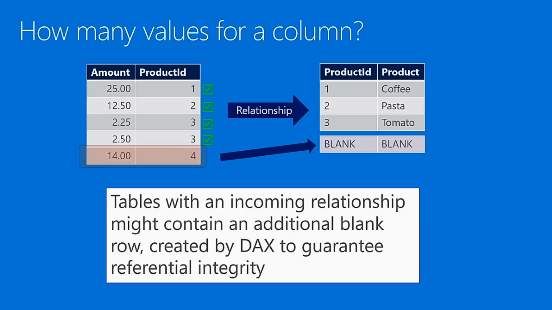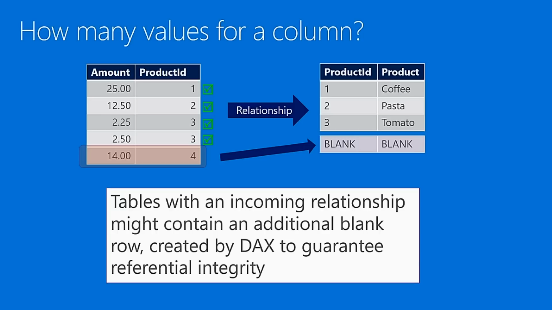Make sense? And it's pretty clever, because in this way, if I slice by product, I will see coffee, pasta, tomato, and blank. So any user can see the blank and see the number which is of values unrelated to anything else. The point is, at this point, how many values does product have?